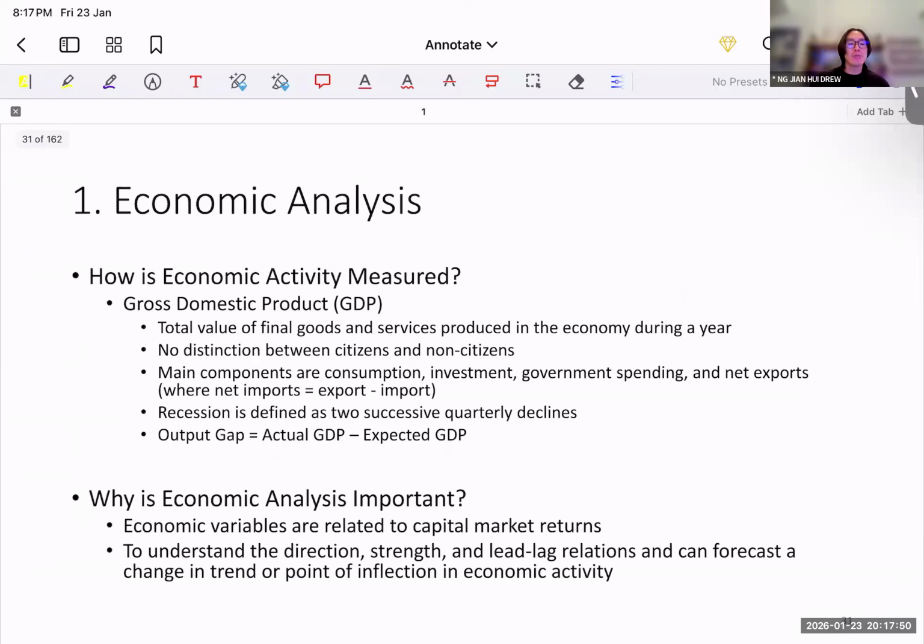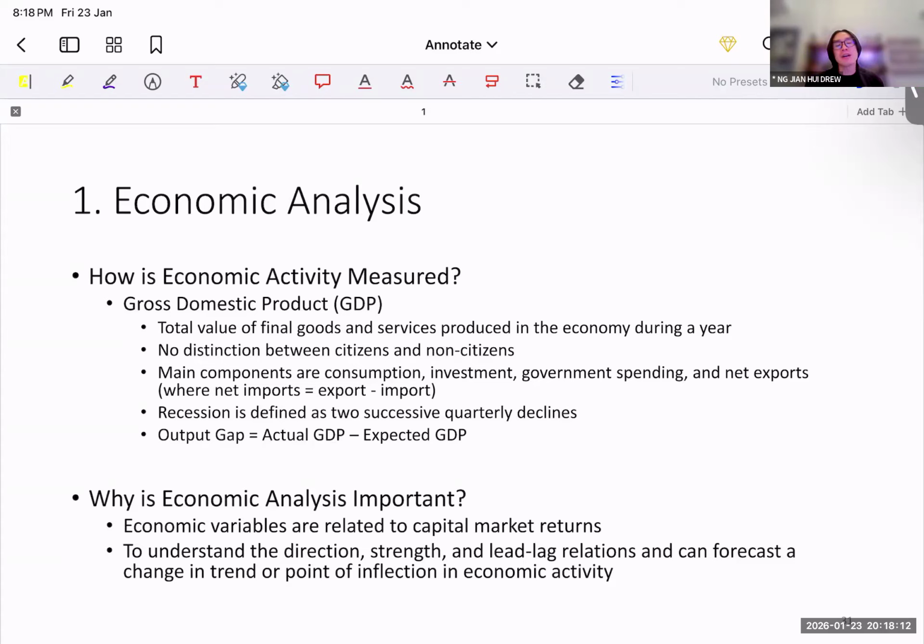Now, our most basic way of measuring the economy is GDP, right? I believe this is not new to 99% of you. GDP is the simplest measure to determine how many goods and services are being produced in a country in one year.